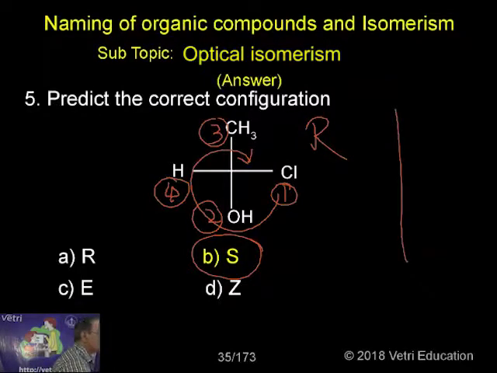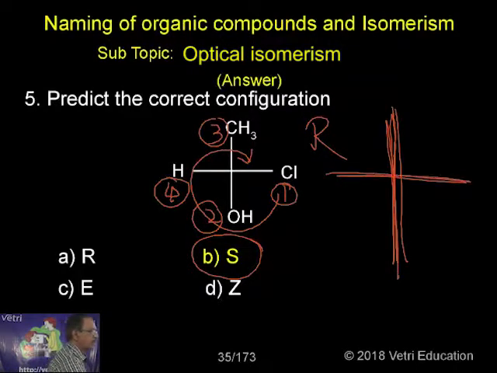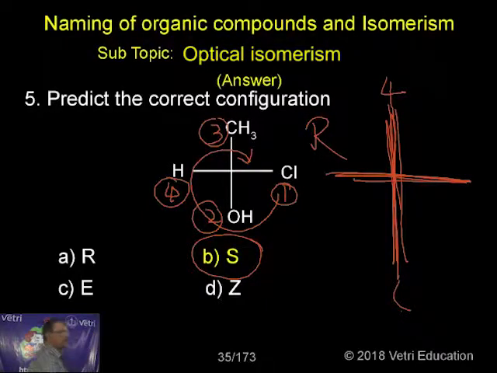So we have to put a plus, and this is called the vertical groups and this is called the horizontal groups. Now, if the fourth priority is present in the vertical groups, whatever you predict is correct. This is applicable for a two-dimensional board or notebook.